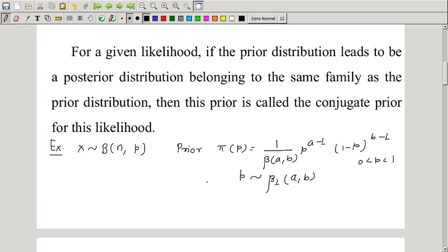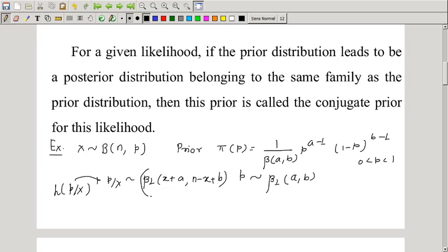So after solving, we get the posterior distribution. That means this posterior, p given x, follows beta first kind with parameters x plus a and n minus x plus b.